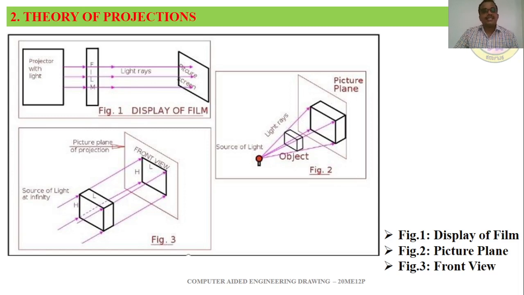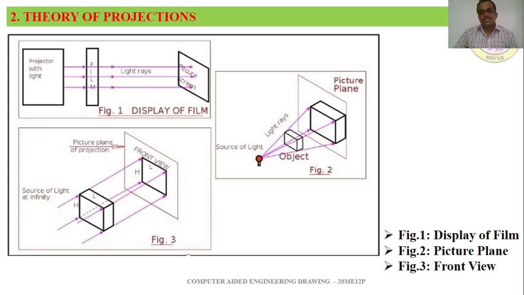Because of the light rays which pass through the photo film, or we can say the cinema film, it will be projected on the cinema screen, or we can say the white screen. That is the display of the film, and we can understand figure 2, the picture plane, with the same example.